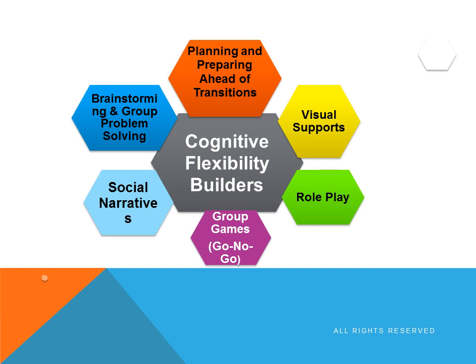And brainstorming and group problem solving is also another technique, and sometimes we think brainstorming and problem solving is for students who are very high intellectually or with very strong cognitive skills. No, you can have brainstorming, a graphic organizer, brain mapping tools paired with objects. But what we are doing is helping the student to look at the problem from diverse perspectives.